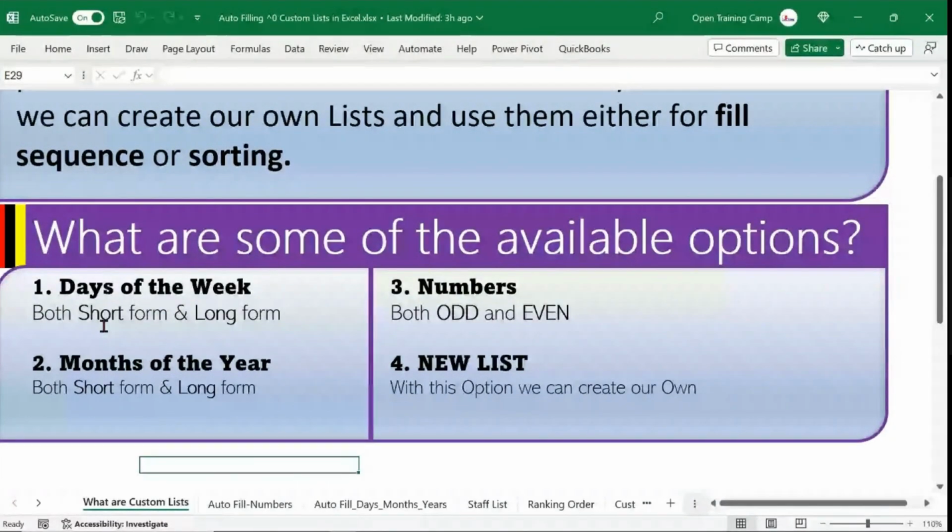We can also autofill numbers. So these numbers are already inbuilt inside the brain of your computer. And this particular autofill works on pattern recognition. You need to give Excel a clue on how it should actually autofill your items. Then the number 4 is we can create our own custom lists.